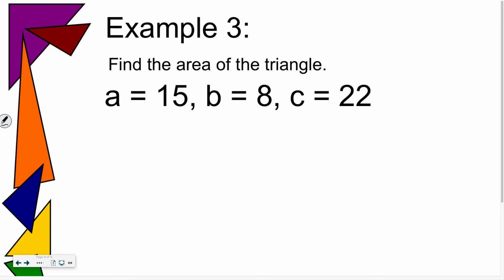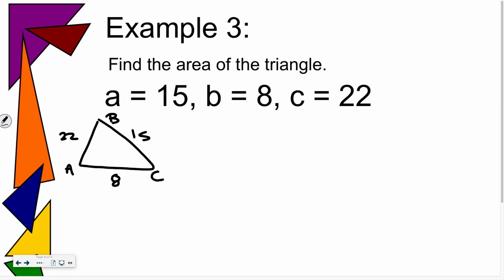I can tell from the list that everything is lowercase, so this is a case of side, side, side. Or if you see it visually, you would see all the sides are named. Instead of finding the altitude, I'm just going to go straight to Heron's formula.